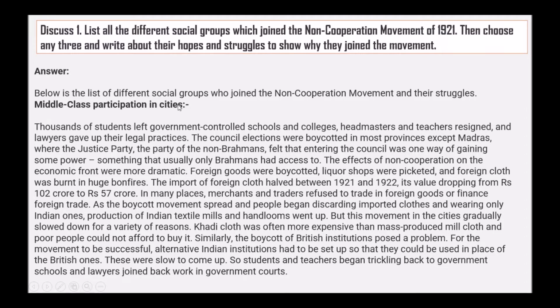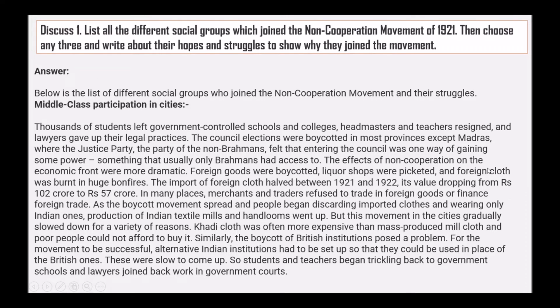Middle class participation in activities: thousands of students left government-controlled schools and colleges, headmasters and teachers resigned, and lawyers gave up their legal practices. The council elections were boycotted in most provinces except Madras, where the Justice Party, the party of the non-Brahmins, felt that entering the council was one way of gaining some power, something that usually only Brahmins had access to.